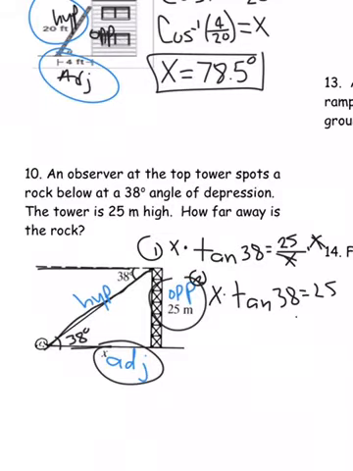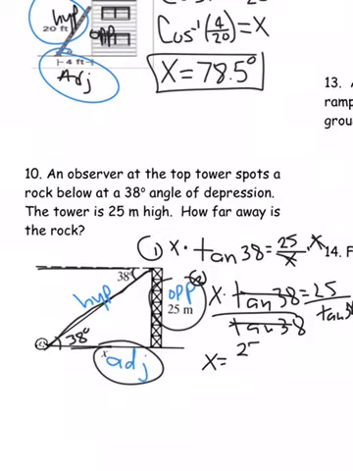Step 2 is to divide by the tangent of 38 to both sides. That cancels there. And in your calculator, you're going to do 25 divided by the tangent of 38. And if you do that, I believe it's 31.99, the answer I have written down.